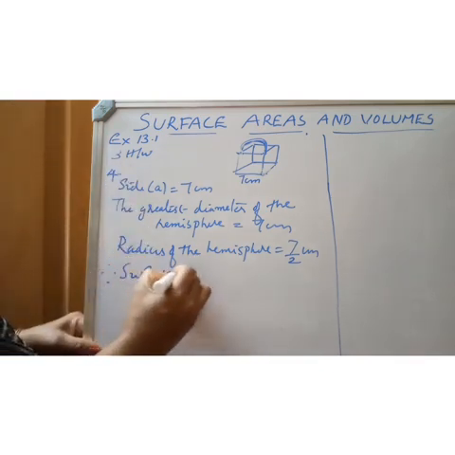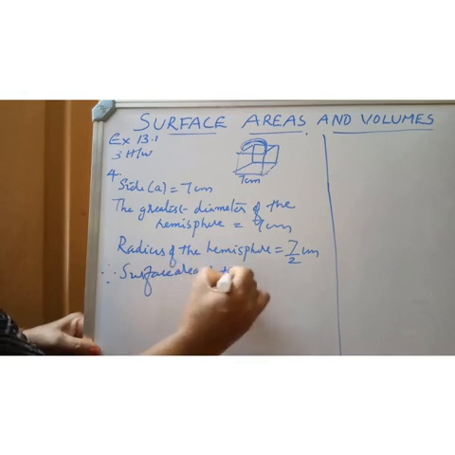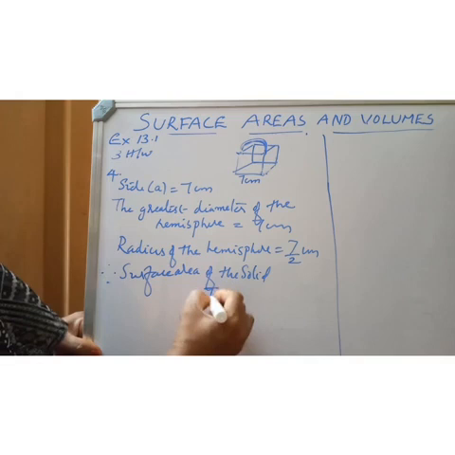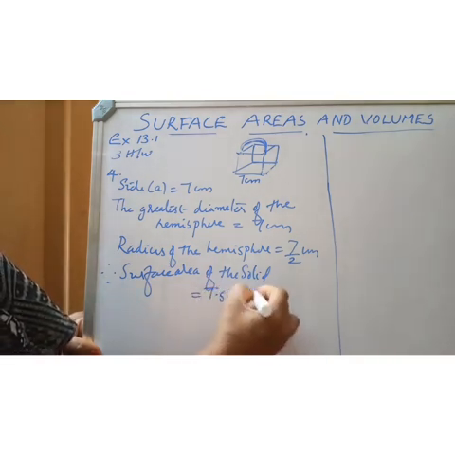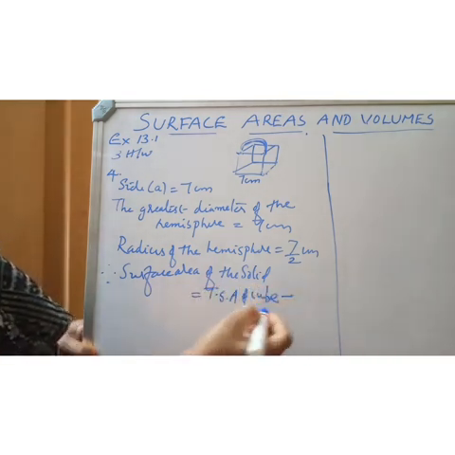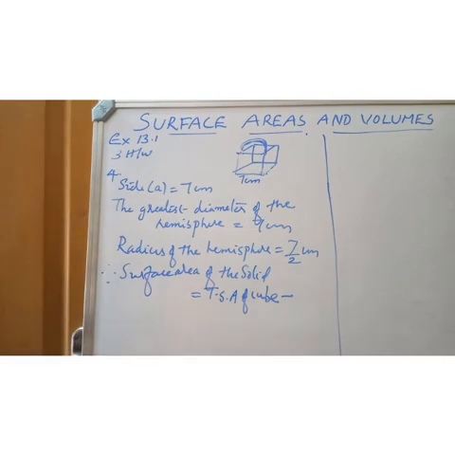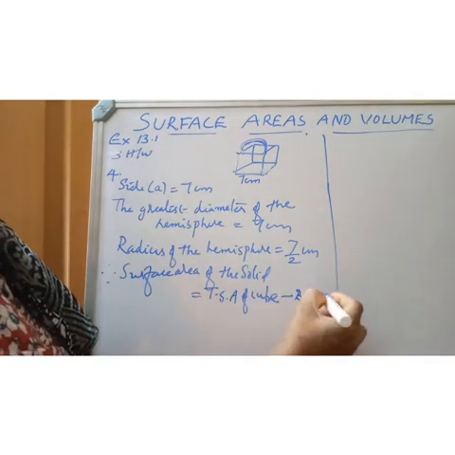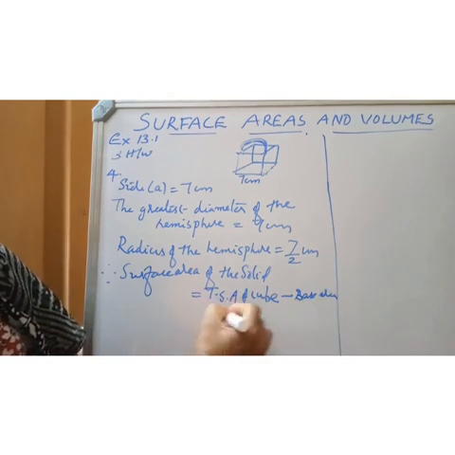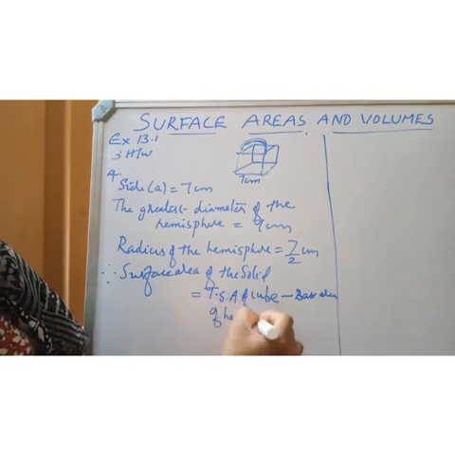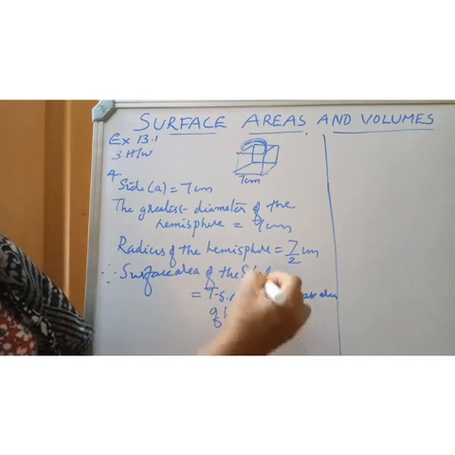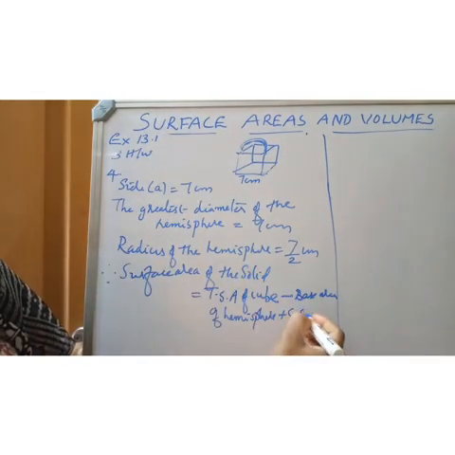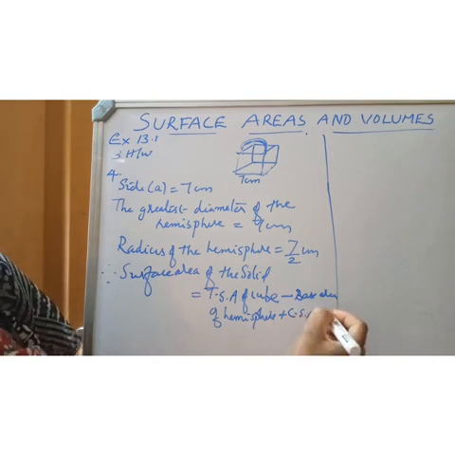Therefore, surface area of the solid, that means the given shape, equal to TSA of cube minus base area of hemisphere plus CSA of hemisphere. All the formulas we studied already in 9th standard.